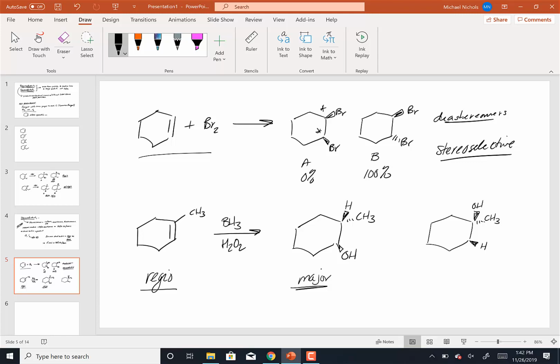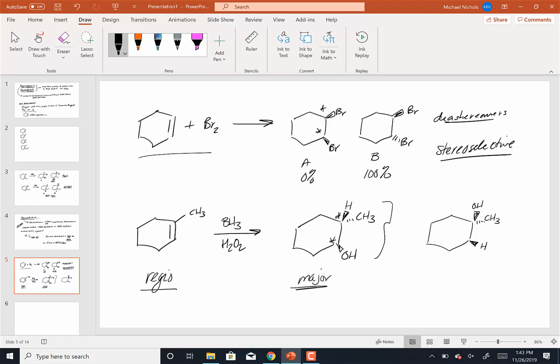So if A is the major product, did I create two chiral centers? On the major product here, are there two chiral centers? Yes? Okay. So does hydroboration oxidation go 100% cis or trans? Yes. Did this reaction create a major product with two chiral centers?